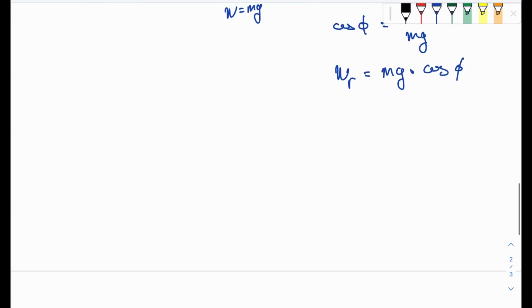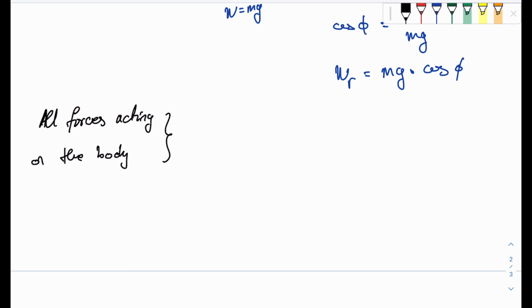Now what we need to do is just to balance the forces that act on the body. So basically all forces acting on the body should equal F equals ma.